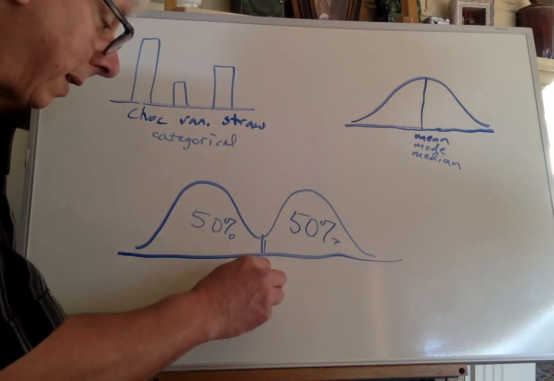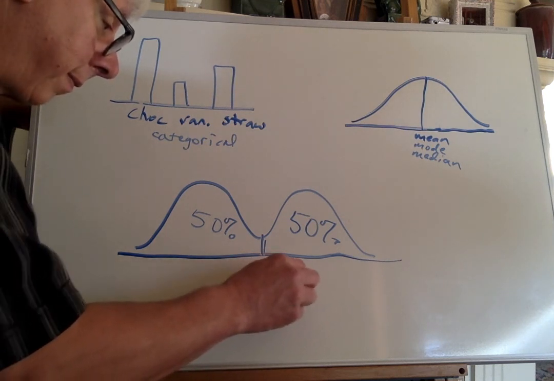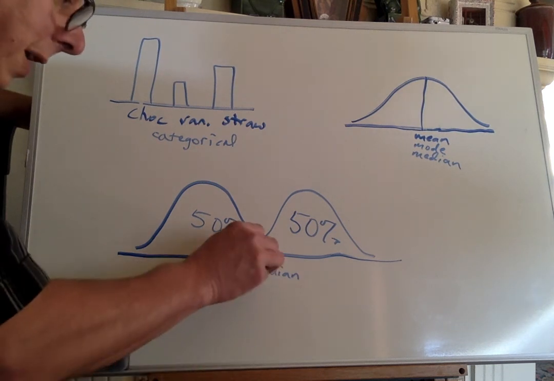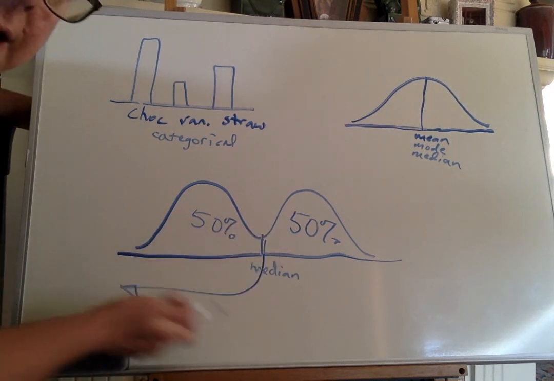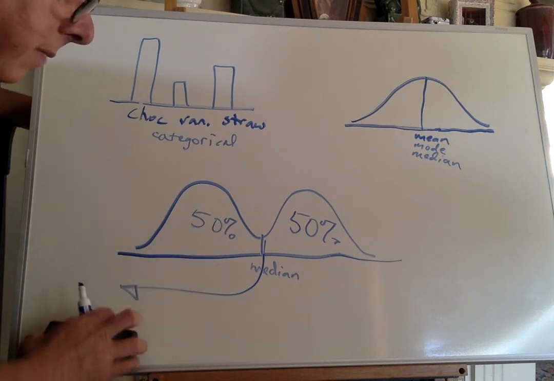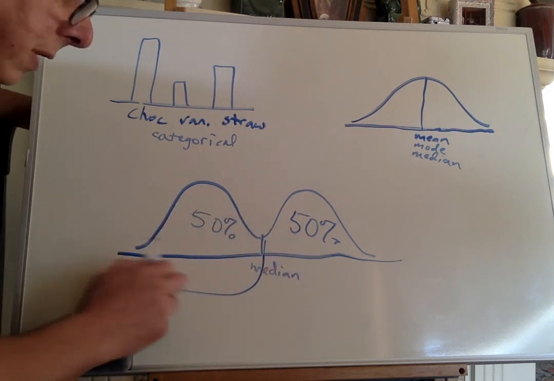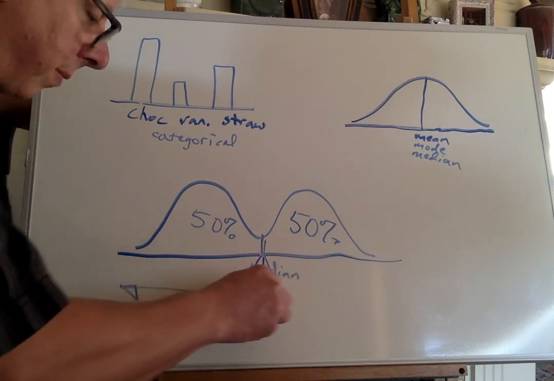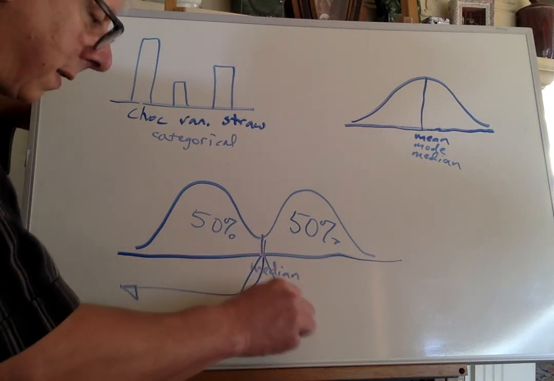So we know the median would be here, right? 50% at or below, 50% at or below, okay? So we know the median is there. If this is purely symmetrical, let's do our fulcrum here. So we know the mean is here.